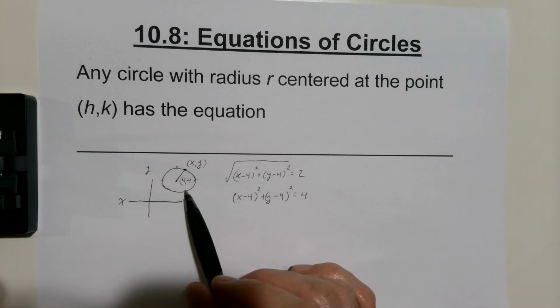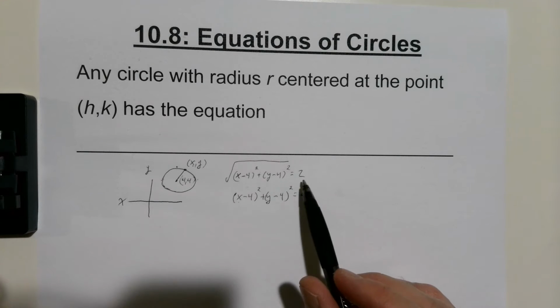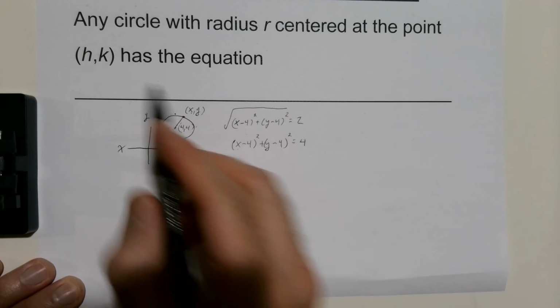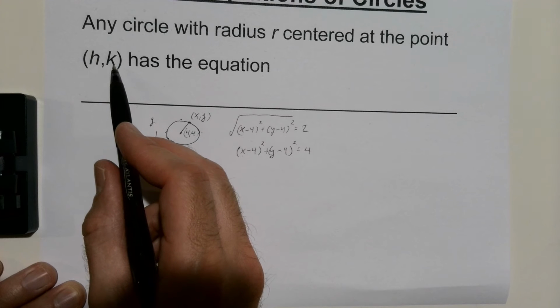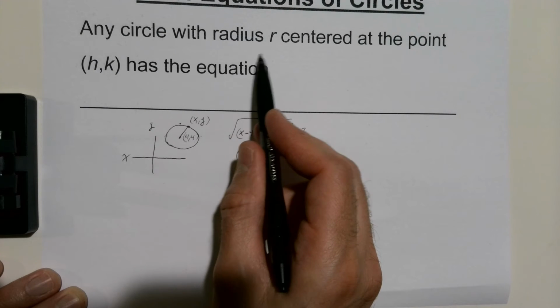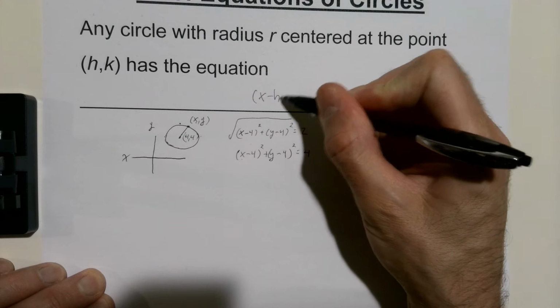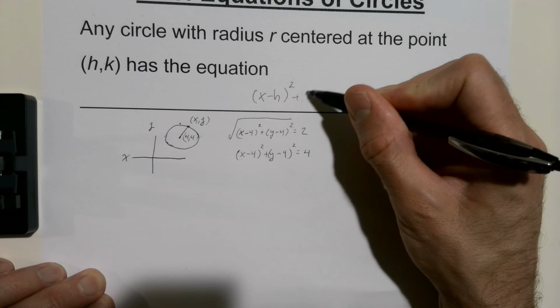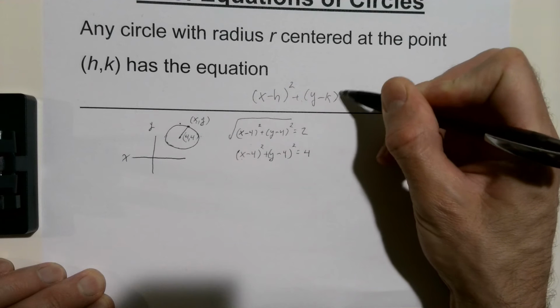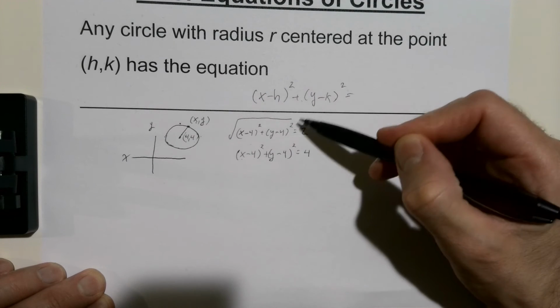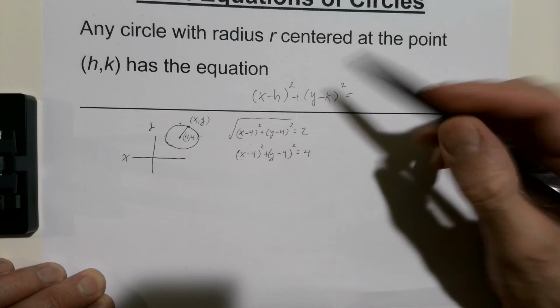Now I just picked this center 4, 4 out of the blue. You could have picked really any center and any radius for that matter. So if we generalize this, say that we have h comma k as our center and radius of r, we can write that equation as x minus h squared plus y minus k squared equals, well, to get rid of that square root symbol on the left side, I had to square both sides.